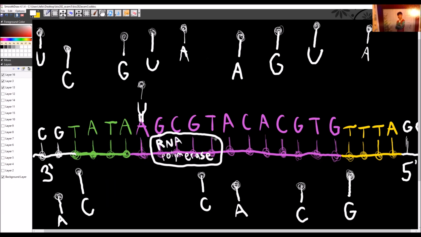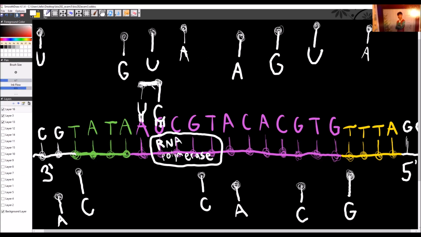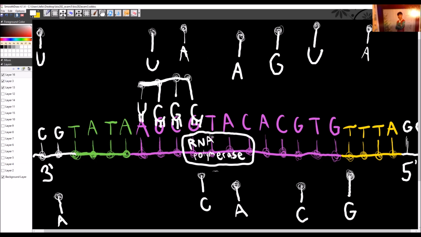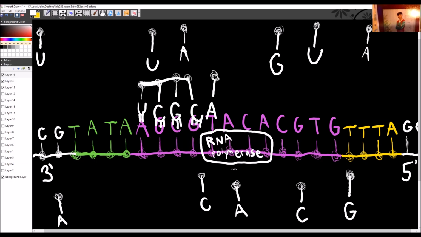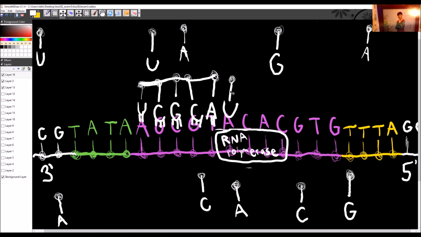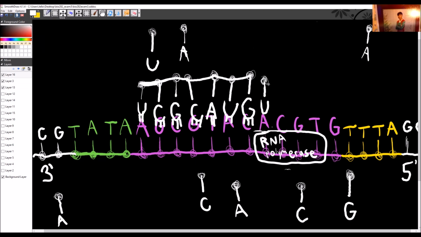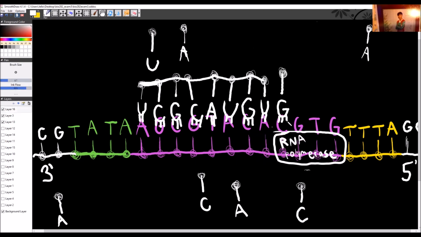So the hydrogen bonds form between the adenine and the uracil, and then after each complementary base pair, the RNA polymerase will make the phosphodiester bond between them. So the RNA polymerase goes down one nucleotide at a time, reading the template nucleotide, and then finding an RNA nucleotide to match up with it.